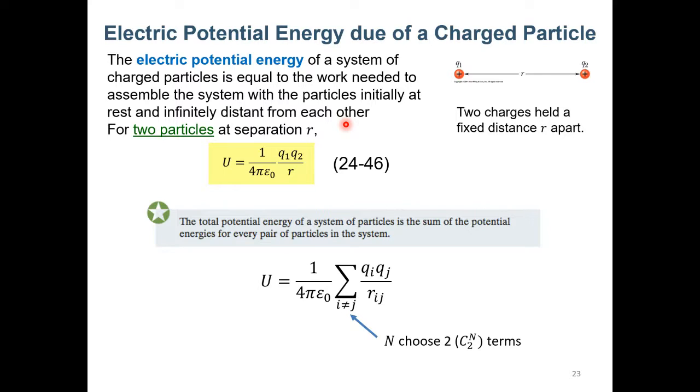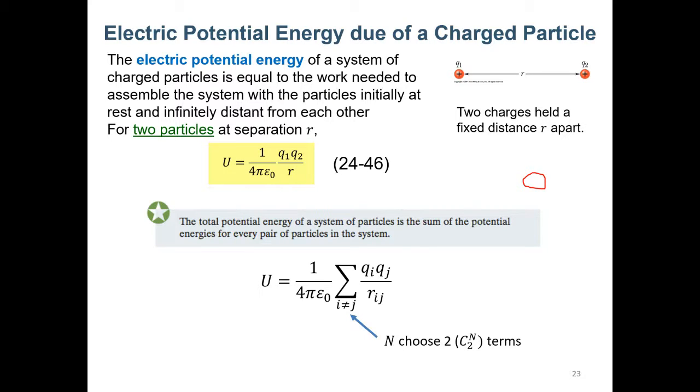Whenever I put the second one in this system, you need to spend energy to put the second charged particle here. After this, if I want to put the third one maybe here, then you need to calculate the energy between Q1 and Q3 and between Q2 and Q3.